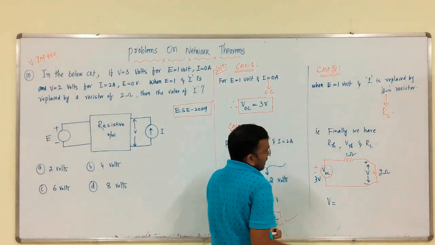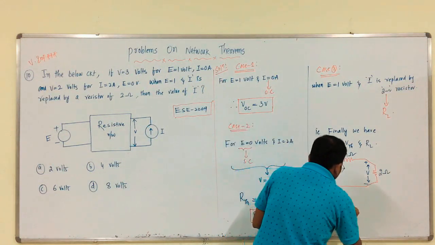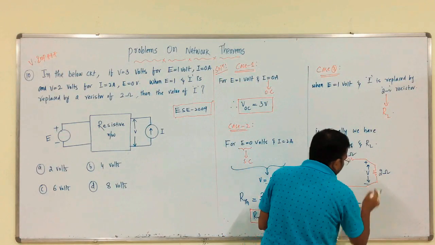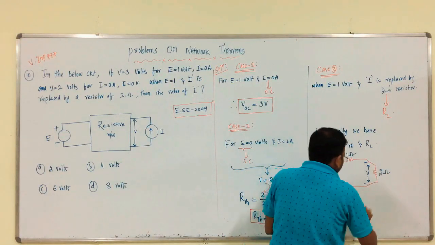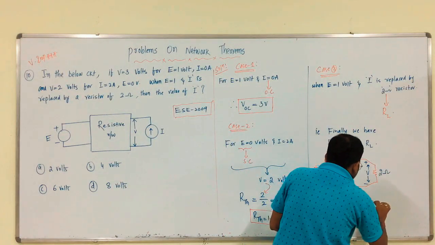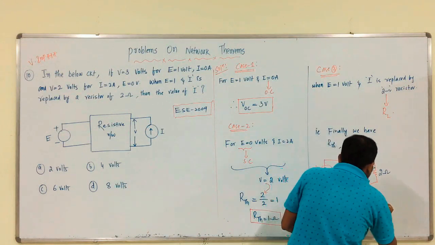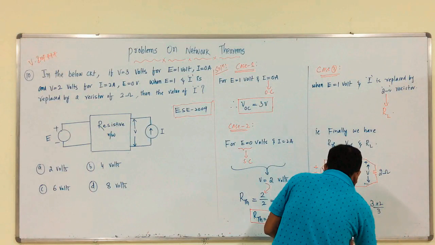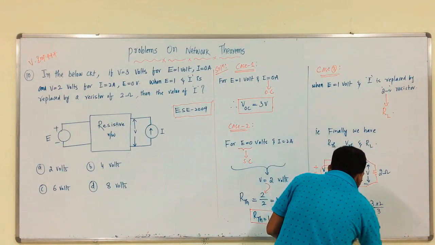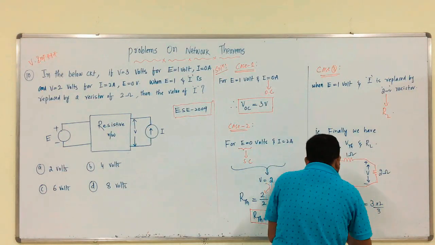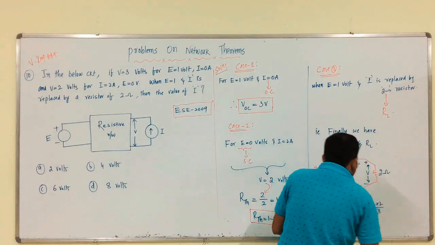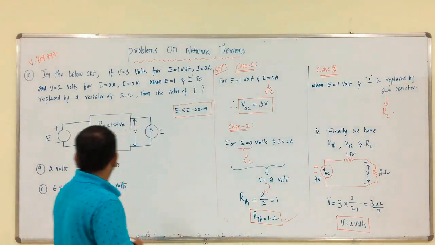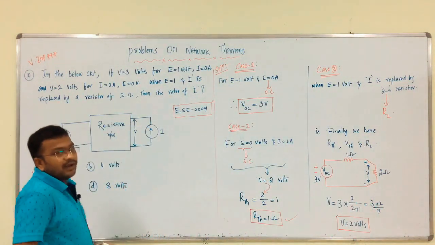Total voltage. Apply the division principle. Total voltage into the present branch resistance, by total resistance, that is 3 into 2 by 3. Answer is 2 volts. Therefore, at this condition the value of voltage is 2 volts. Option A is the correct option.